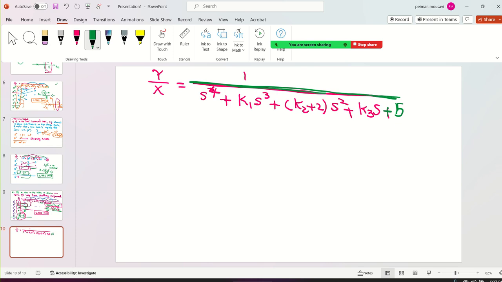You have a system that you are not certain about after deriving the differential equation of motion. You are not certain about K1, K2 and K3. These are the parameters of the system. Even after adding the controller, I'm going to teach you, these can be the PID gains. So we want to see for which range of K1, K2 and K3 the system is stable or unstable.